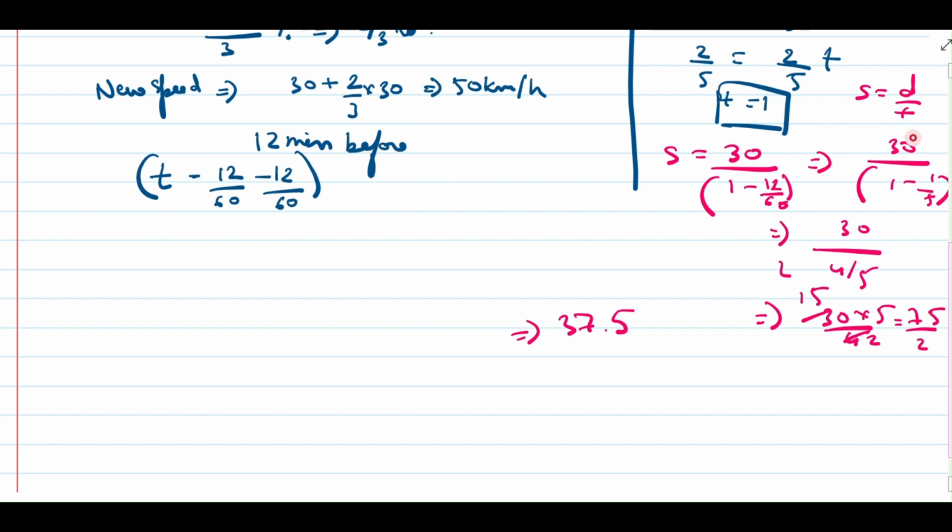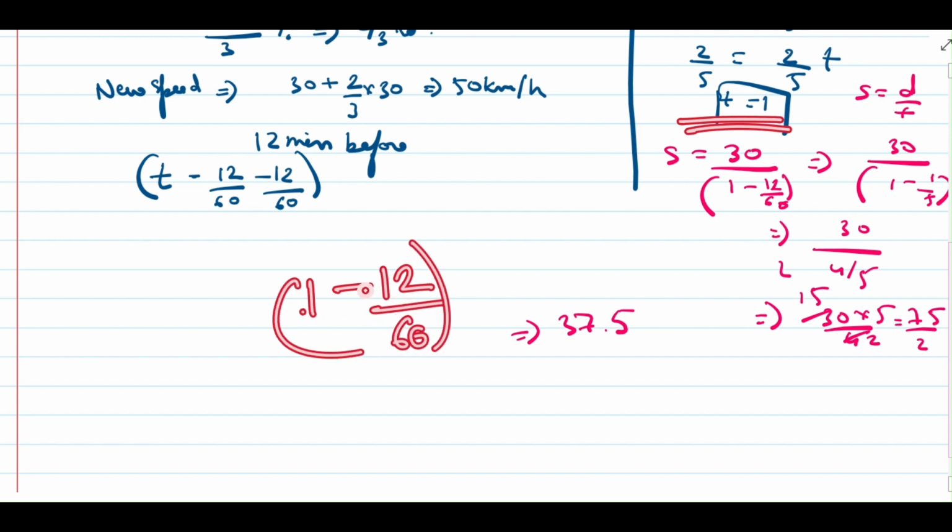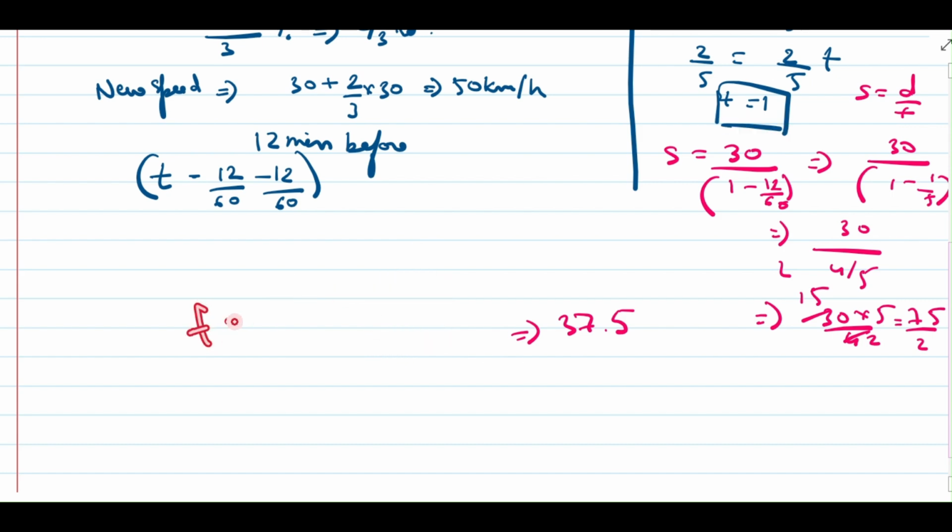Sorry, extremely sorry, because the time is 1 hour and he is 12 minutes late, so we need to calculate 1 minus 12/60 for the new time.